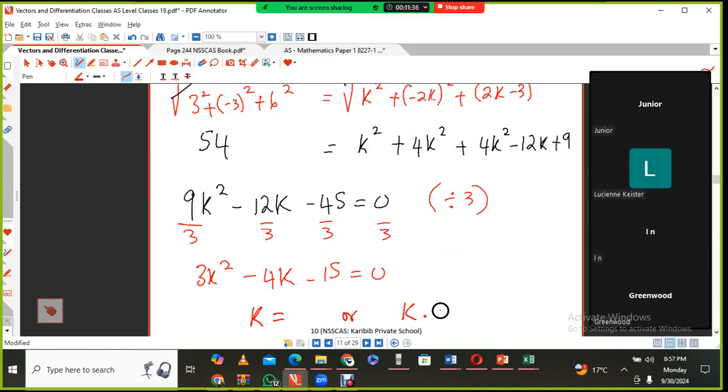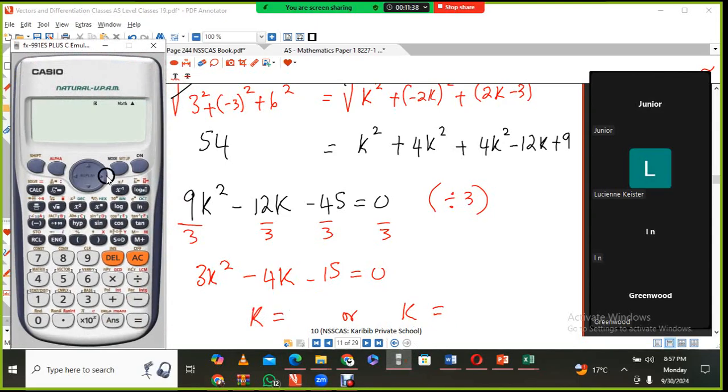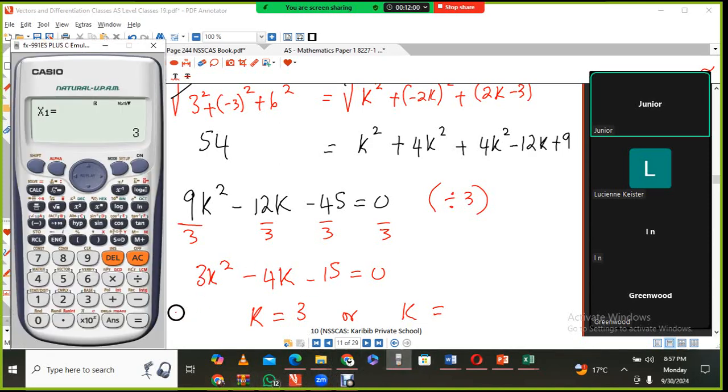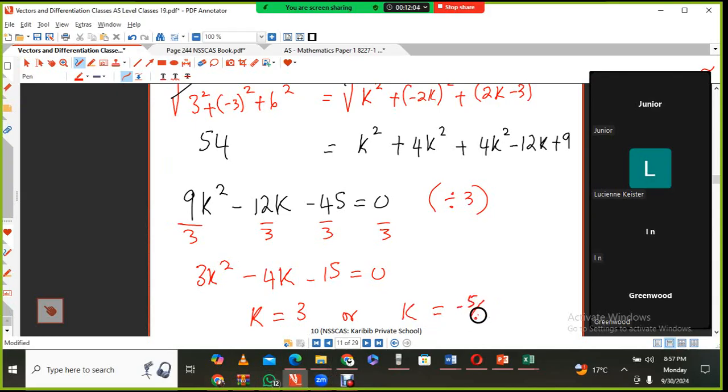I am a little bit lazy, so I'm going to grab my calculator. You can work it out yourself. Quadratic equation: A is 3, B is minus 4, C is minus 15. One answer is 3. You agree? The other answer is negative 5 over 3. Those are the two possible values of K.